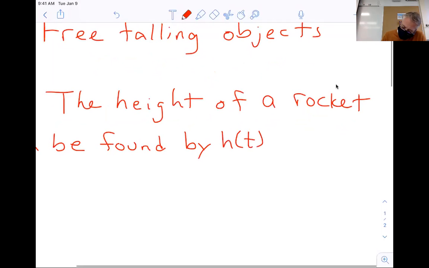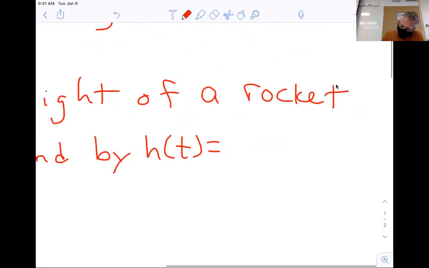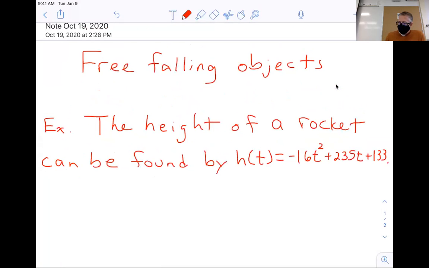I wrote h of t because that's height after t is time, height after a certain amount of time. So h of t is negative 16t squared plus 235t plus 133.